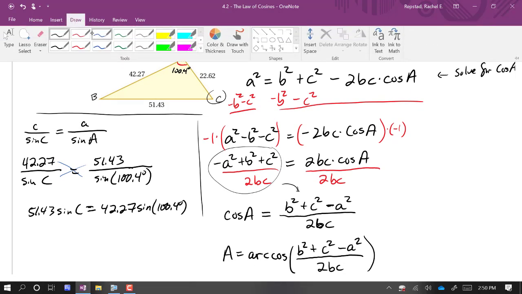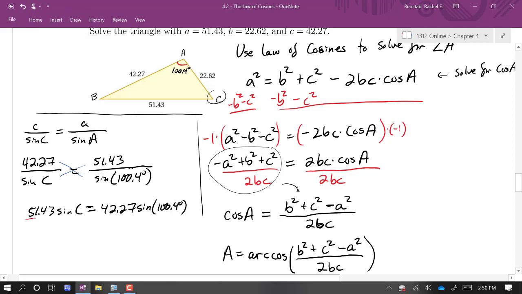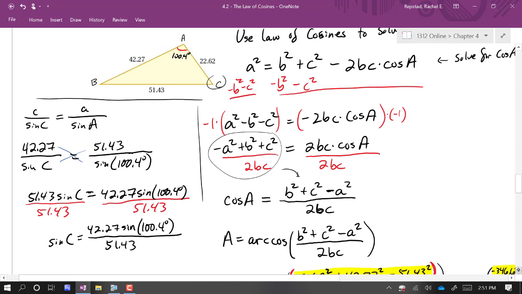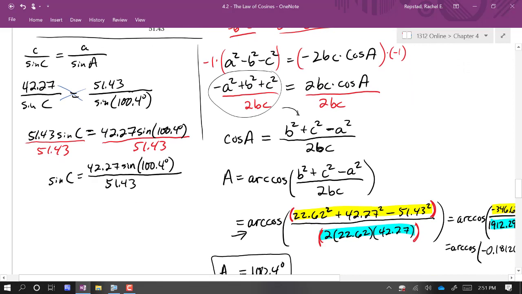And now we'll divide both sides by 51.43. So that's what sine of C is equal to. That means that C is arcsine of this fraction.